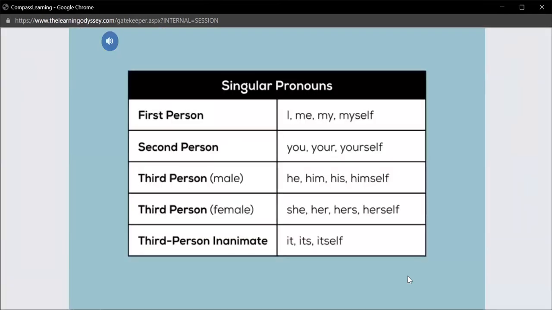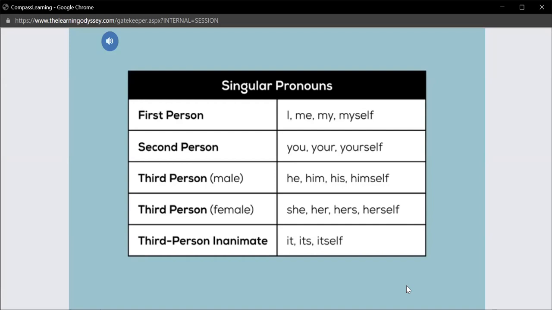Let's look at some examples of singular pronouns. To describe yourself, use first-person pronouns like I, me, my, and myself. To talk to someone, use second-person pronouns like you, your, and yourself. To talk about one male person, use third-person pronouns like he, him, his, or himself.